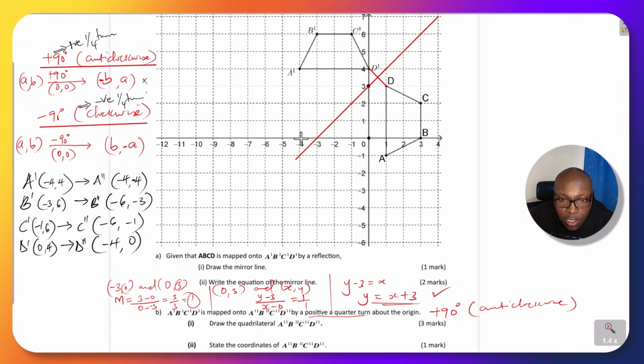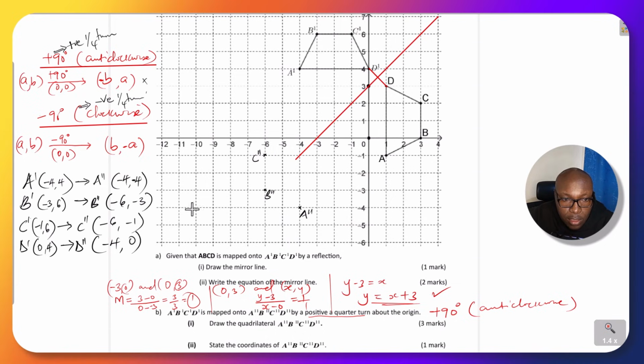So negative 4, negative 4 will be here. That is A double prime. And then B double prime will be negative 6, negative 3. And then C double prime, negative 6, negative 1.